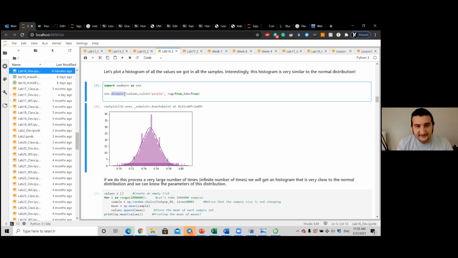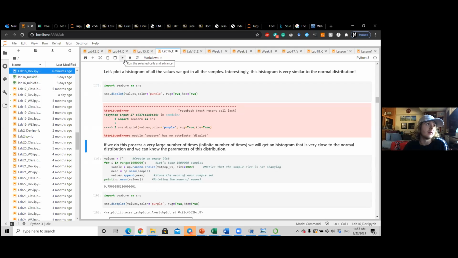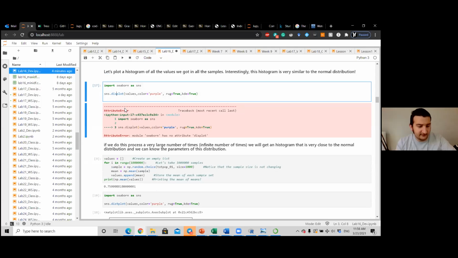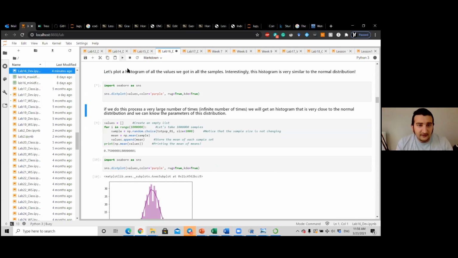Are you using distplot? Yes. And when I loaded up the lab, it was in raw, it wasn't even in code. Yeah, it should be distplot. Anyways, let me know if you managed to solve it.